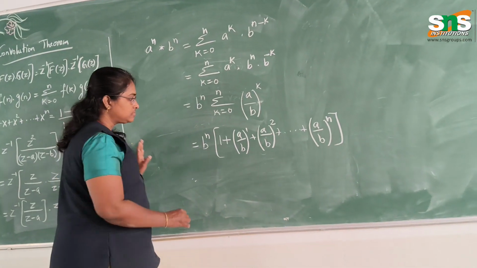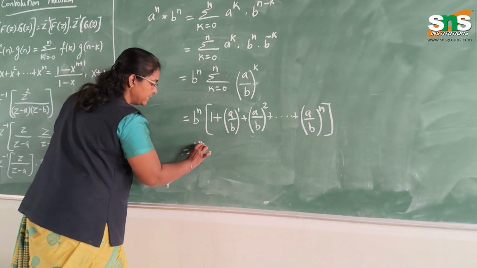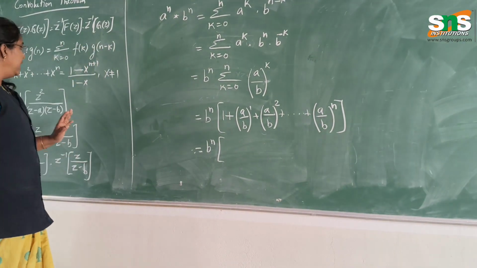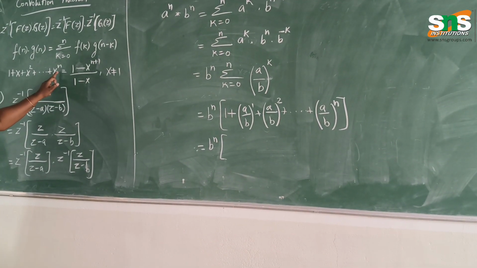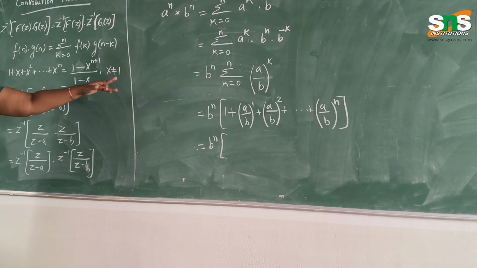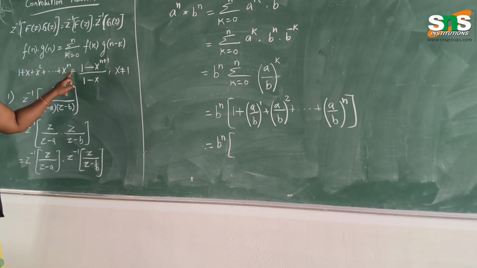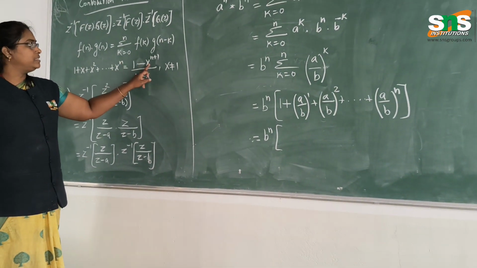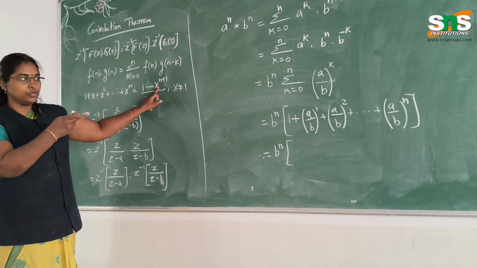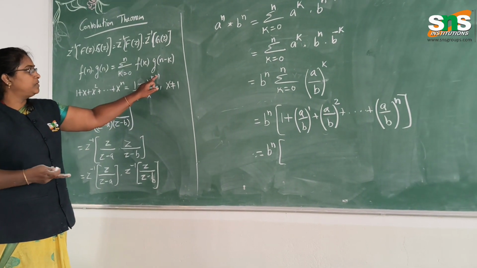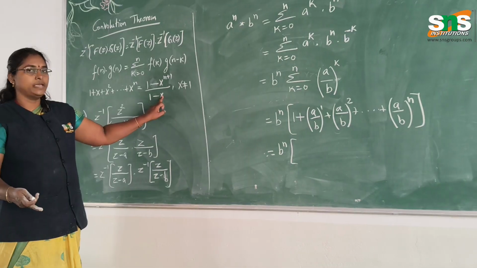After this, b power n, and check this again: 1 plus x plus x square plus up to x power n. What is our x? A by b. So we replace using this formula: (1 minus x to the power n plus 1) divided by (1 minus x). Instead of x, we replace by a by b.